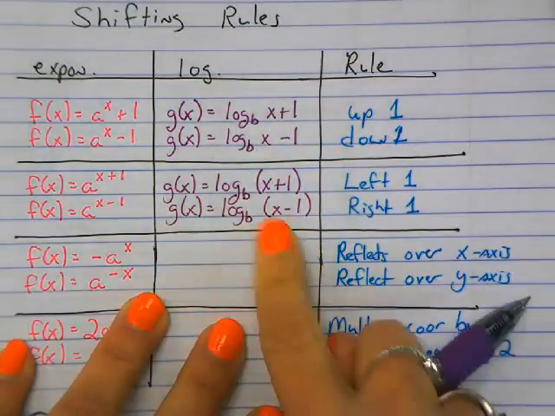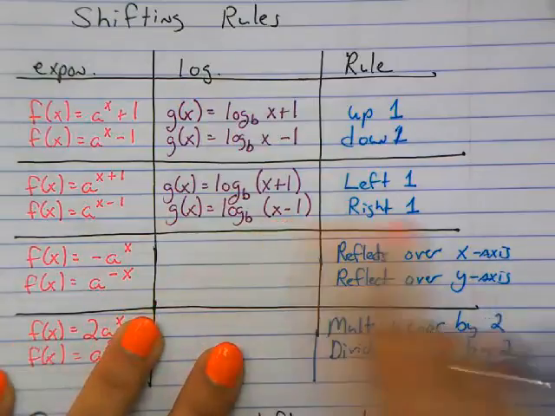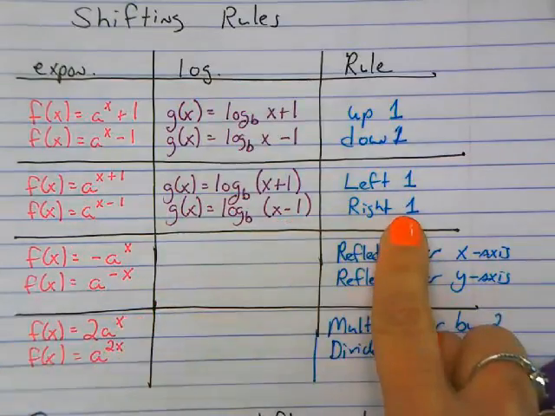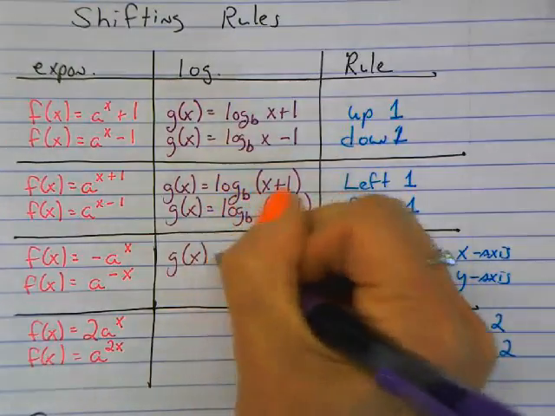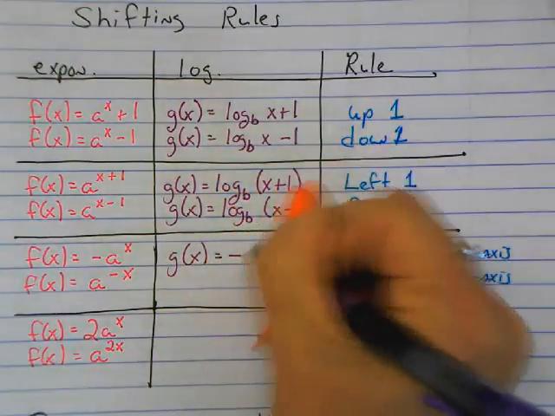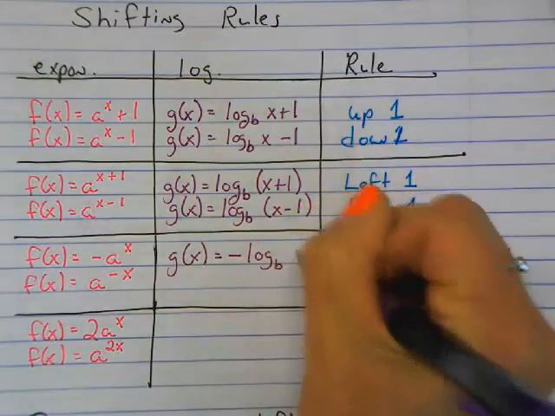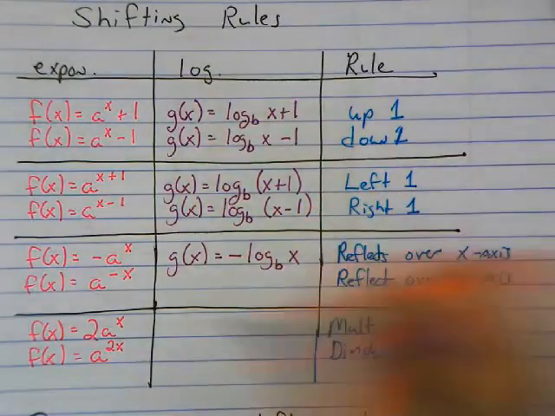Alright, here g of x is equal to the negative log of some b of x. And to flip it over the y-axis, I'm going to want that negative contained in the function.